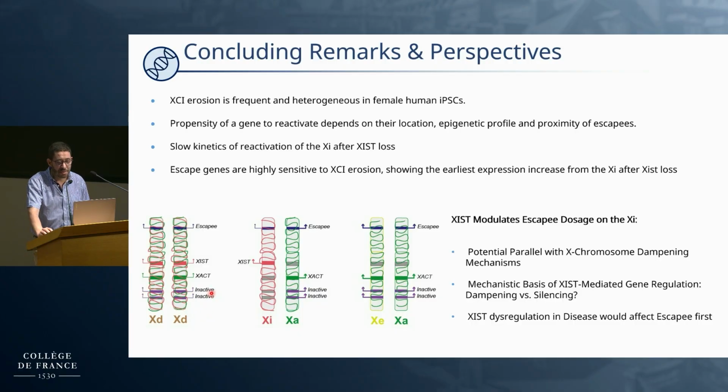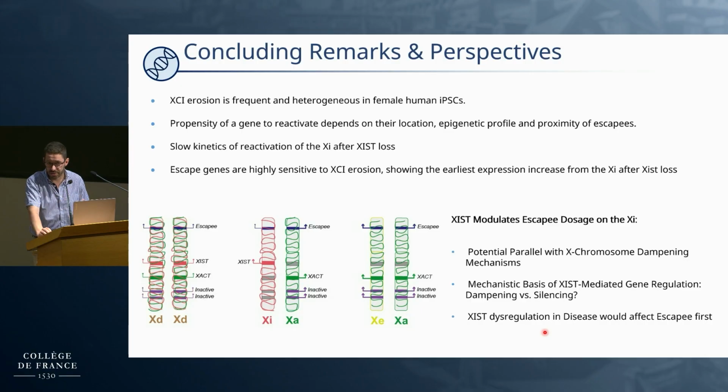And this actually brings another more general question. Why in certain situations XIST manages to silence genes, and in other situations it only dampens or reduces the expression?